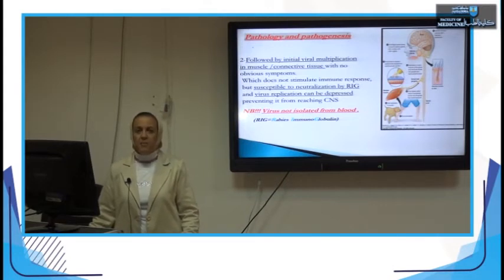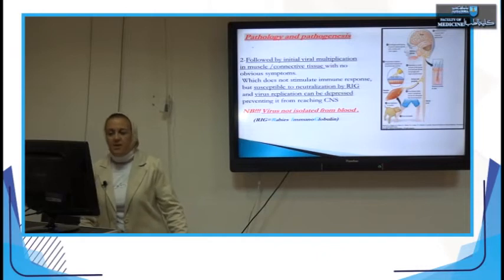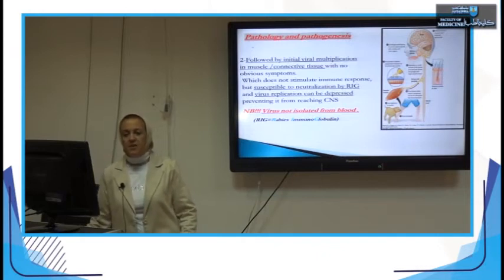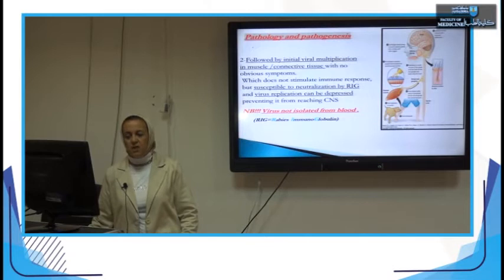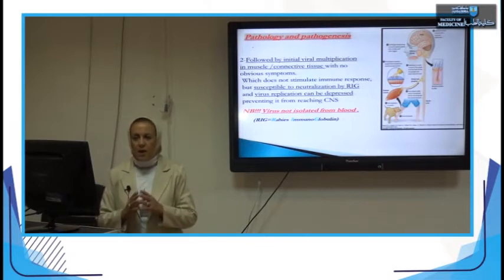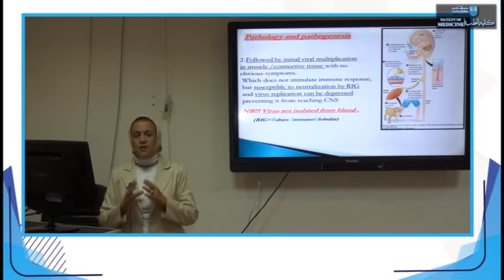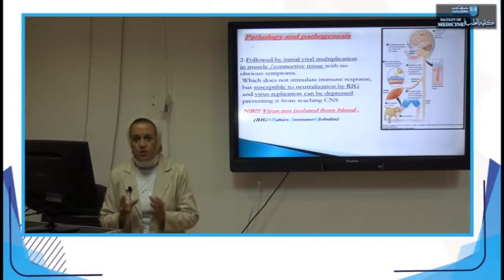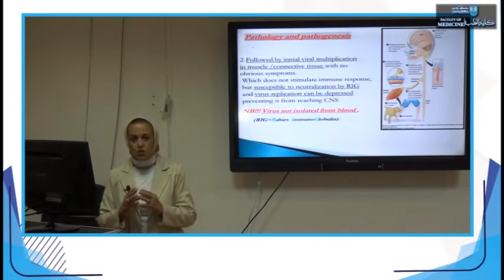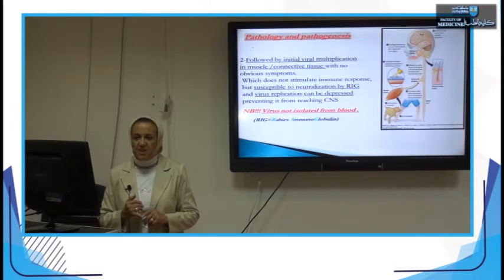Virus replication can be suppressed, preventing it from reaching the CNS. We stop here for a while. This means that when the virus is replicated locally in the muscle and the connective tissue, no symptoms appear on the patient.